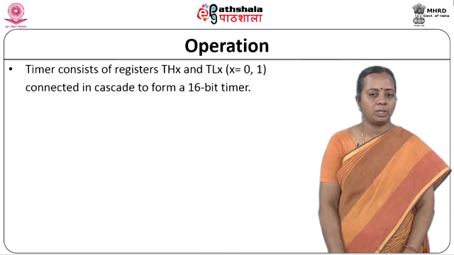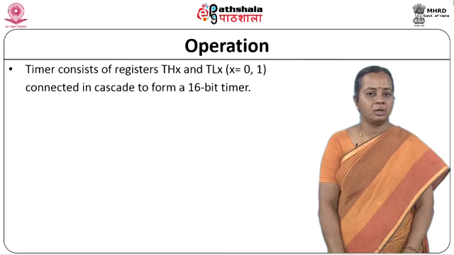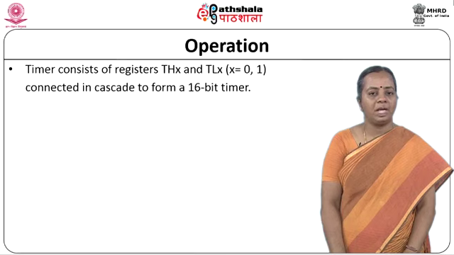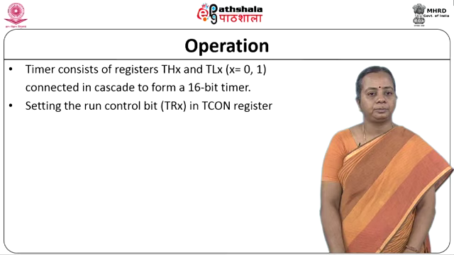These two are cascaded together, and we have two timers, timer 0 and timer 1. TH0 and TL0 combined together make timer 0, and TH1 and TL1 combined together make the 16-bit timer 1.